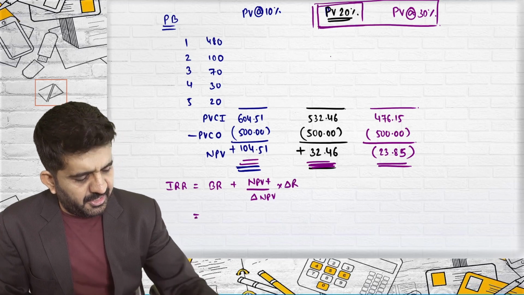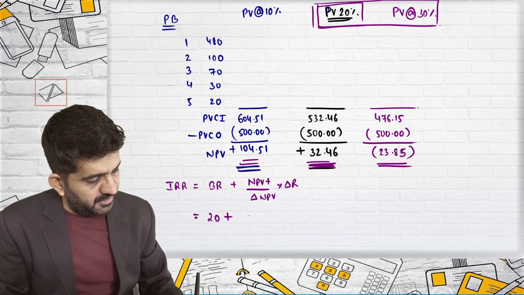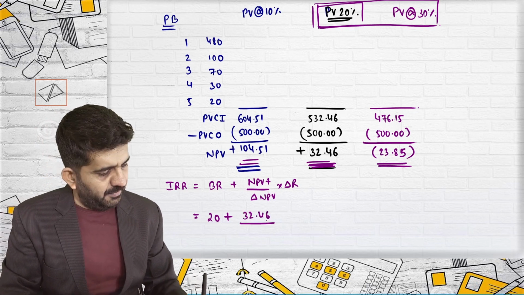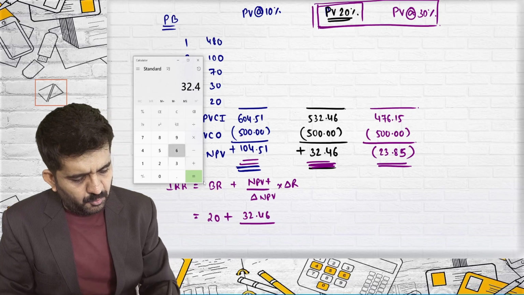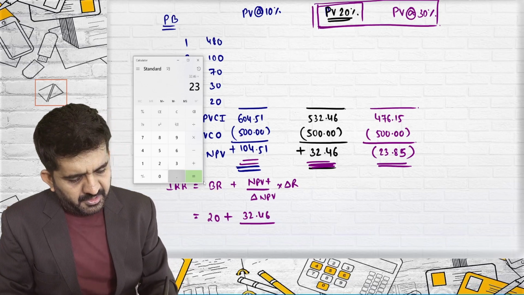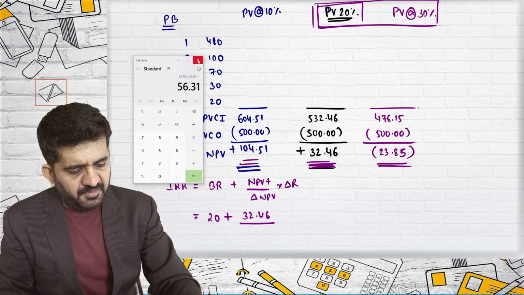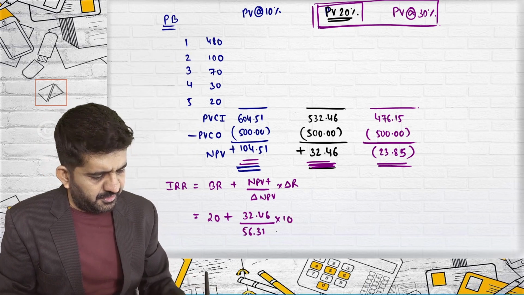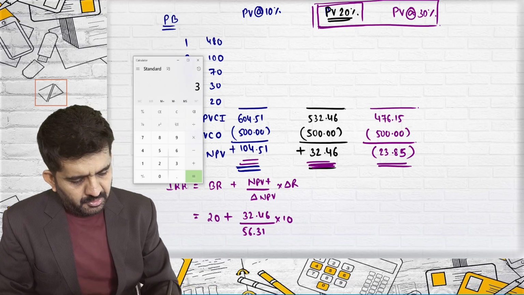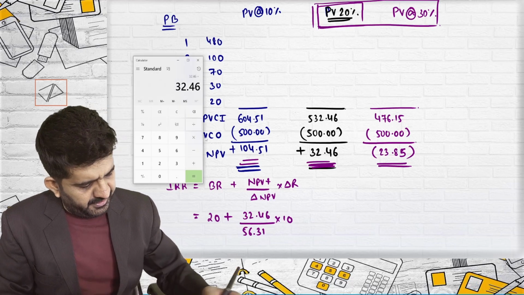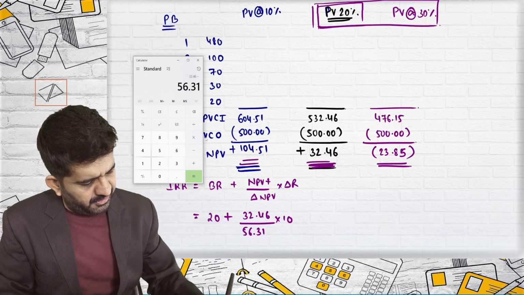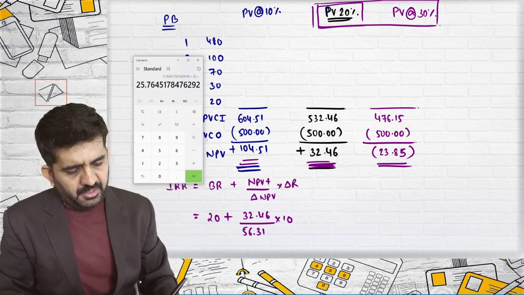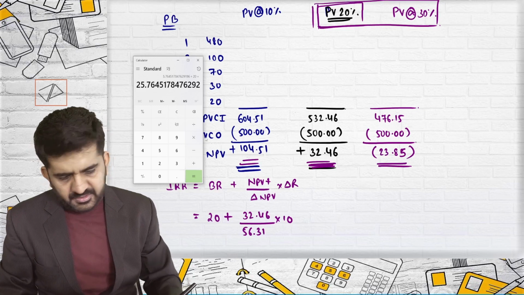Base rate I'll be taking 20% plus NPV positive is 32.46, divided by difference in NPV, which will be 32.46 plus 23.85, 56.31. Difference in rate is 10. 32.46 divided by 56.31 multiplied by 10 plus 20, it is 25.76.